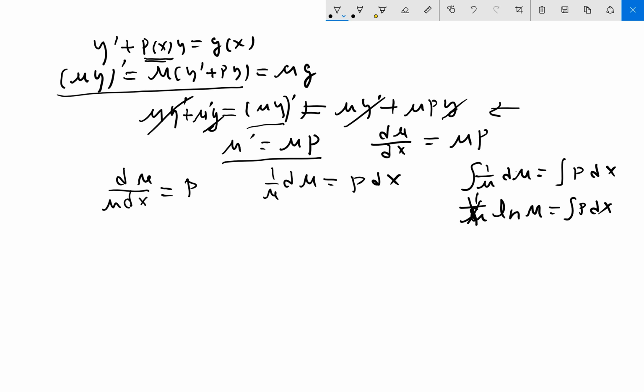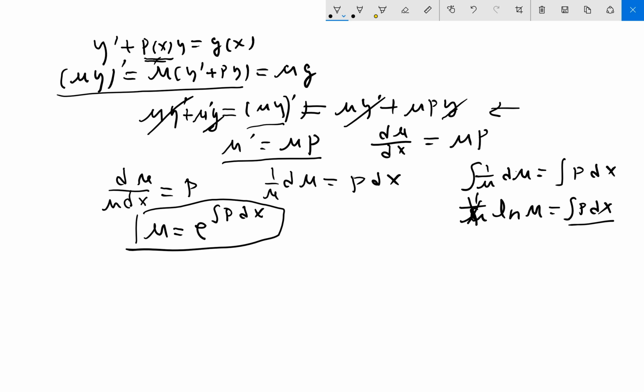You said, how about right-hand side? That I'm telling you, if you give me p, I can tell you what is the integration of p. So my mu here is equal to e to the integral p dx. So that's how you find your integrating factor. Give me p here, plug in, integrate it, you find your mu.